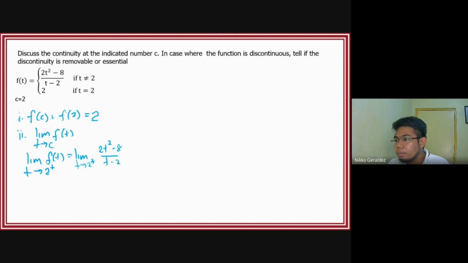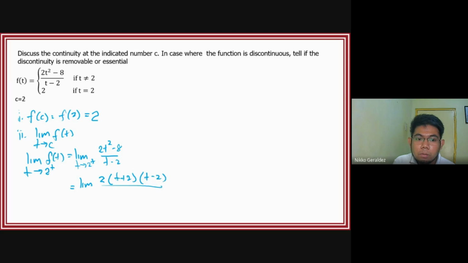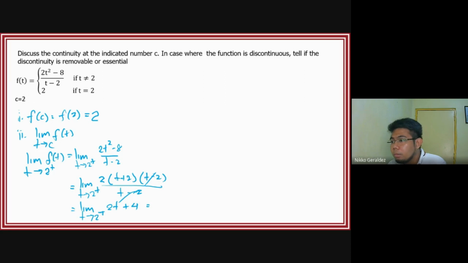Please solve. Factoring again, so the limit of 2 times t plus 2 times t minus 2 over t minus 2 as t approaches 2 from the right. Cancel t minus 2, so we have the limit of 2t plus 4 as t approaches 2 from the right. Substitute. What is the right-hand limit? That is equal to 8.